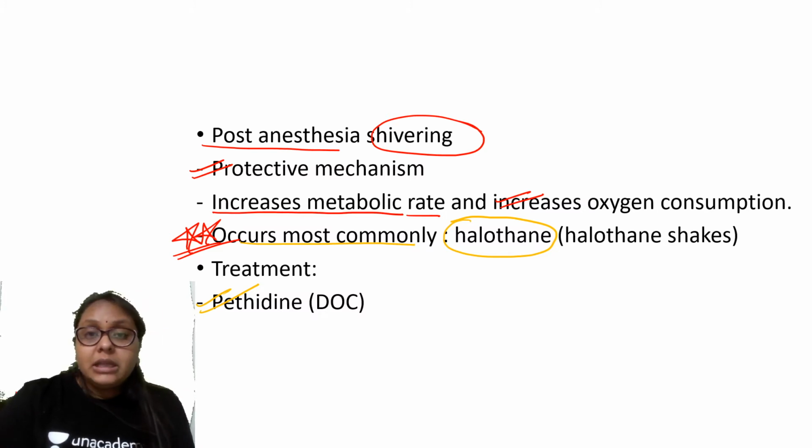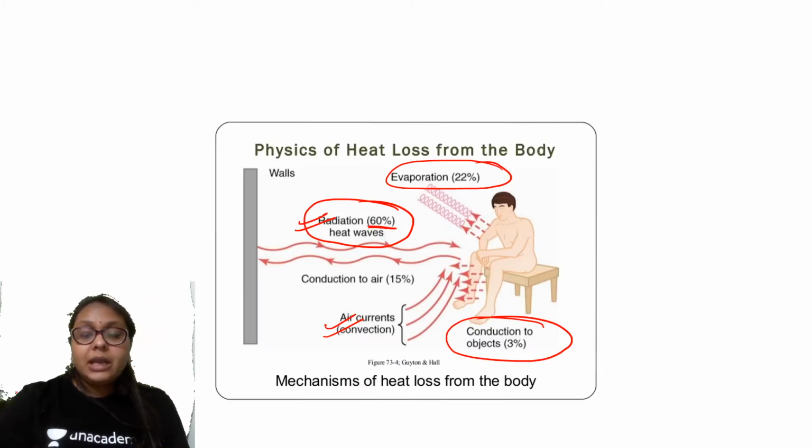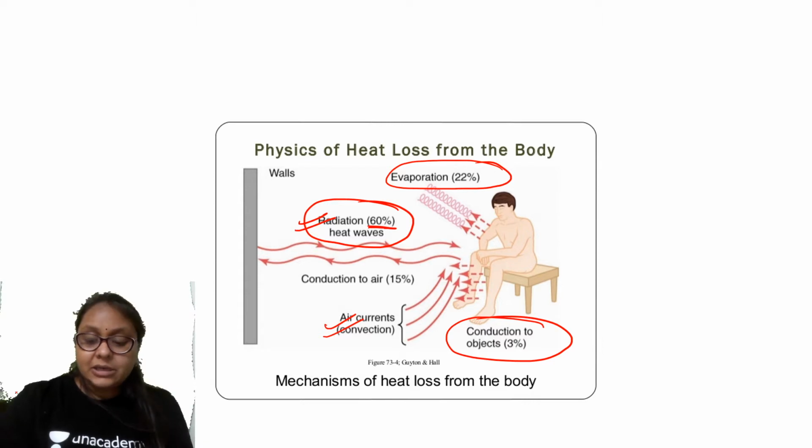And one more thing you have to remember is the mechanism by which the body loses heat during anesthesia. There are four mechanisms: radiation, evaporation, convection and conduction. These are the four phenomena by which the body loses heat. Is it clear?